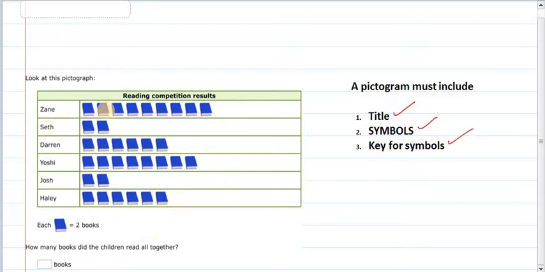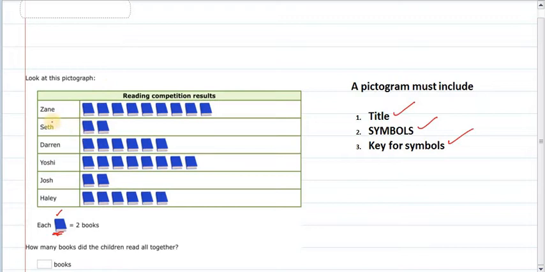For example, on the screen there is a pictograph where books are used to represent the data, so the symbol used is the book. The key at the bottom says that each book picture is equal to two books. If a half book is shown, it means one book.